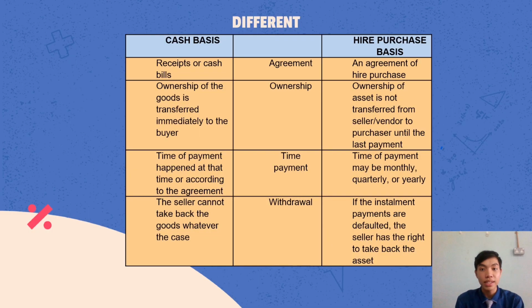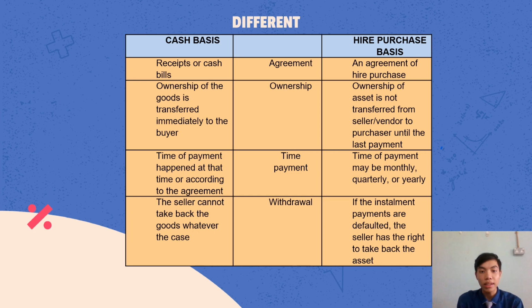Differentiate between cash basis and hire purchase basis. For the agreement, cash basis needs a receipt or cash bill, while hire purchase basis needs an agreement of the hire purchase. For ownership, the goods are transferred immediately to the buyer in cash basis, while in hire purchase basis, ownership of the asset is not transferred from the seller or vendor to the purchaser until the last payment.